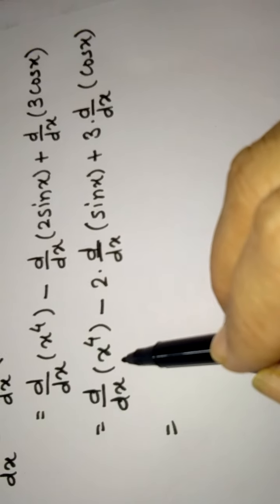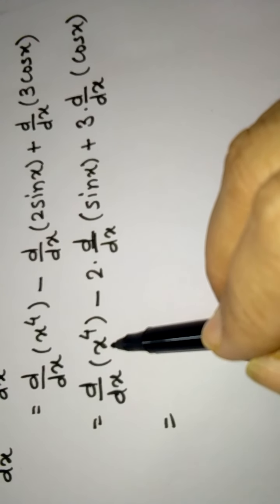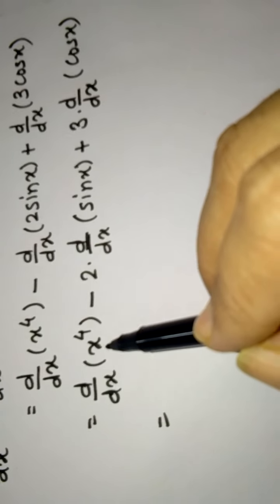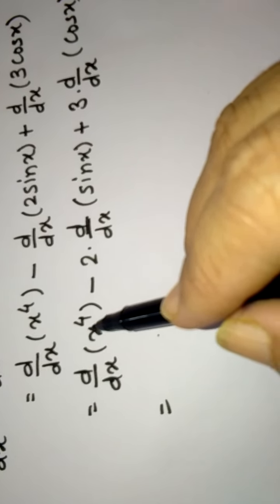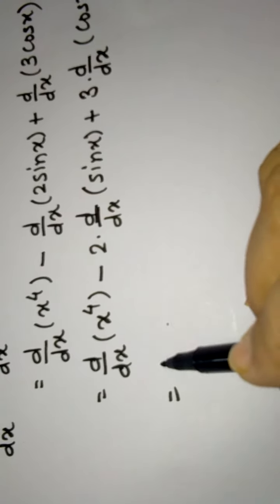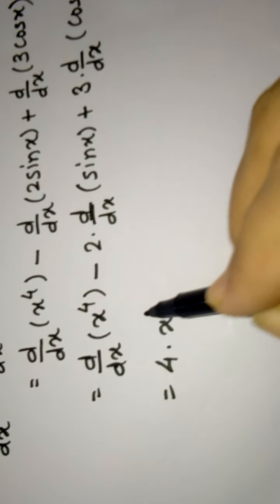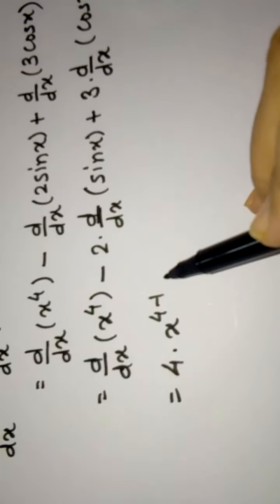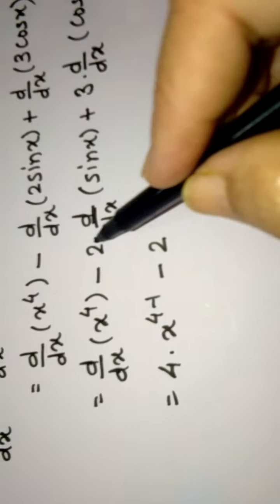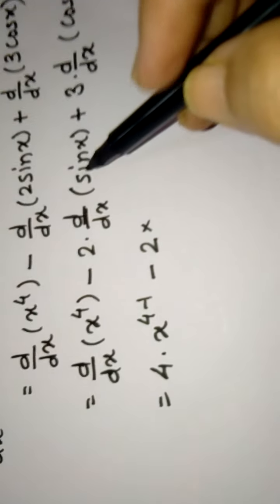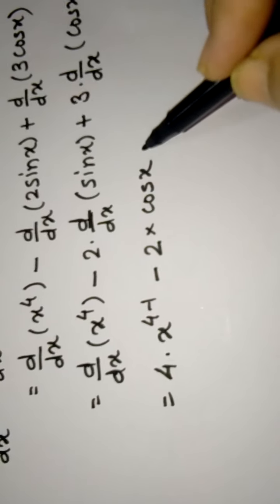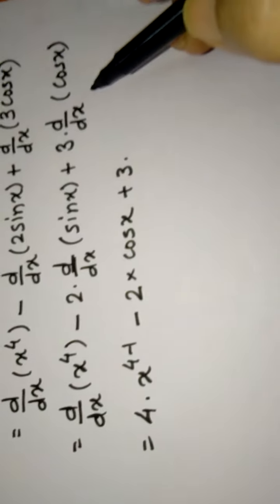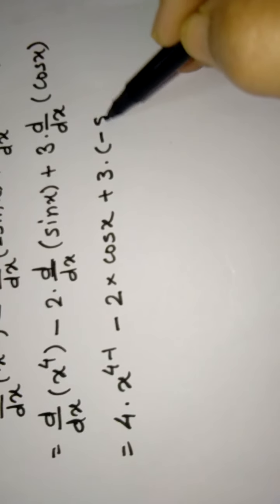Now use the rule of derivative. We know the derivative of x raised to n is n into x raised to n minus 1. By using that rule, the value of n is 4, that is 4 into x raised to 4 minus 1, minus 2 is constant, into derivative of sin x is cos x, plus 3 into derivative of cos x is minus sin x.